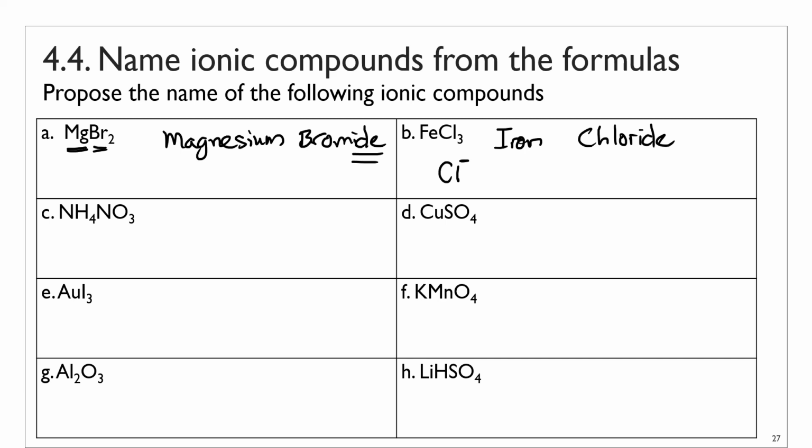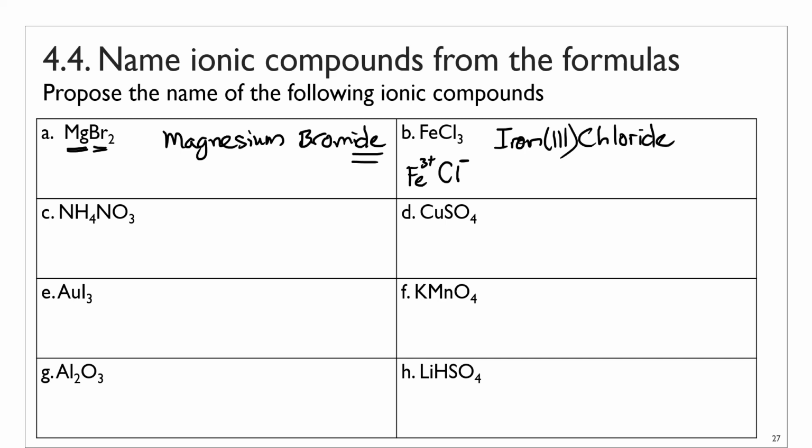So each chloride ion has a charge of 1 minus. And the fact that the formula gives you 3 chloride for every ion should indicate that the ion should be Fe3 plus, which means that in the name, you have to indicate a 3 to show that that is the charge of the ion in this compound.